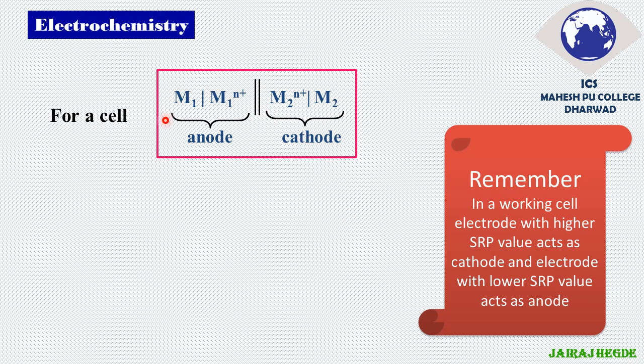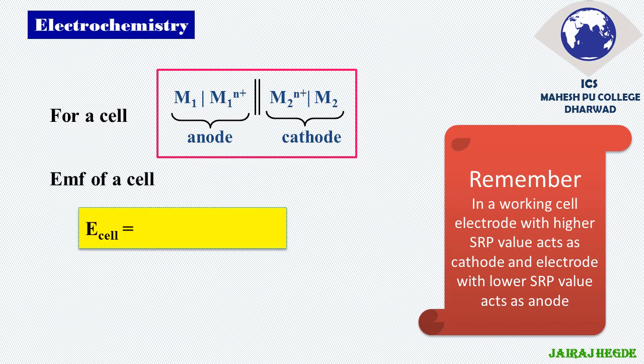Remember, which one undergoes oxidation? The one which has a lower value of SRP undergoes oxidation and acts as anode. The one which has a higher value of SRP acts as cathode, because it undergoes reduction.